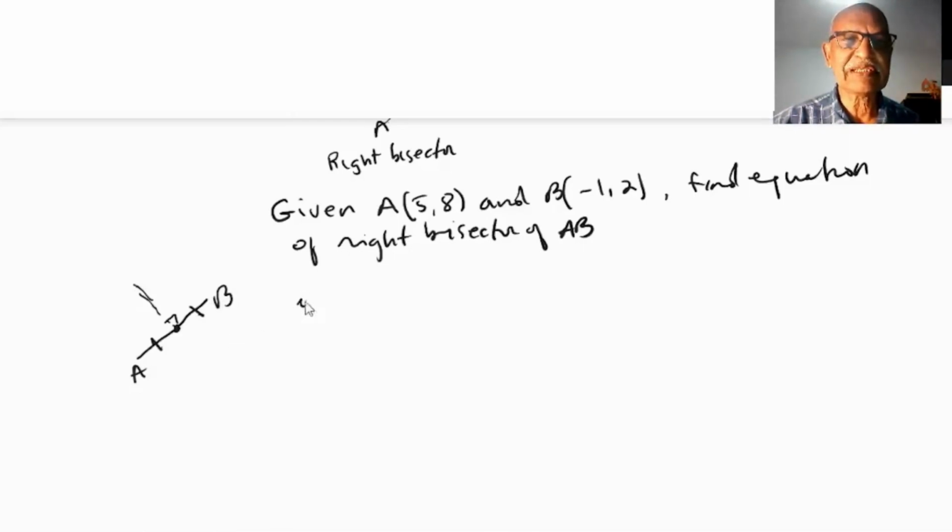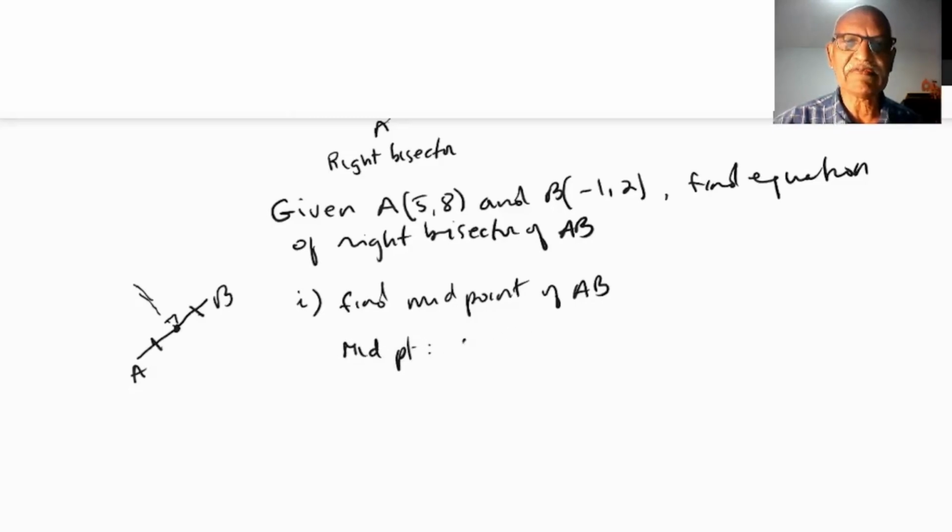So the steps here in this case are: first, find midpoint of AB. We know the midpoint is the average.